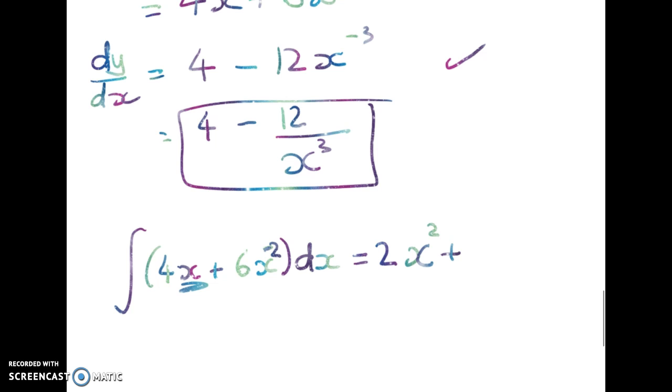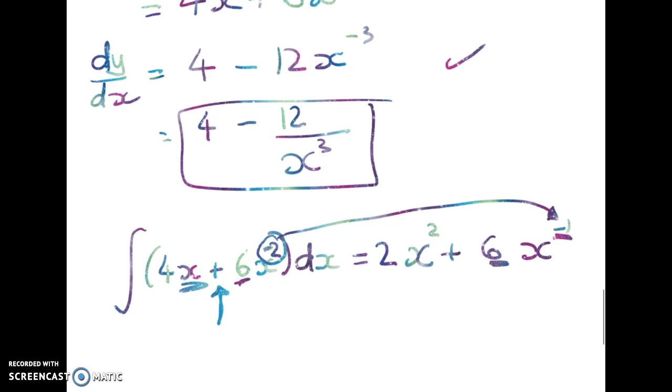Right, so it's going to be something, something, x to the power of negative 1. Right, I'm taking this and I'm going up a notch. I want to end up with a 6. So I'm going to write that 6 down here. But when I differentiate this, I get 6 times negative 1. That gives me negative 6, or take away 6. I don't want that. I want a plus.